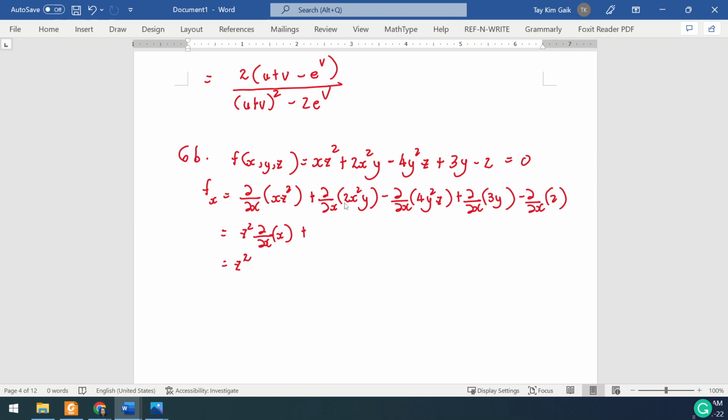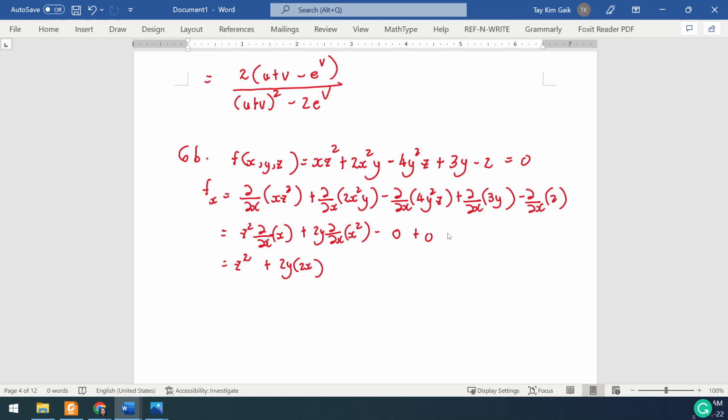For 2x squared y, 2y is constant, so factor out 2y, and del x of x squared is 2x, so you get 2y multiplied by 2x. For 4y squared z, it is constant, so 0, since y and z are constant. 3y is also constant, 0.